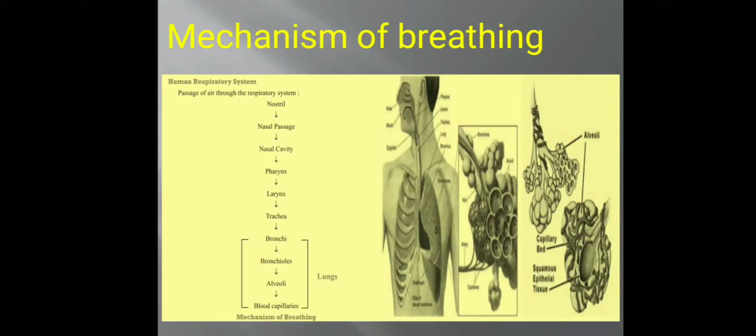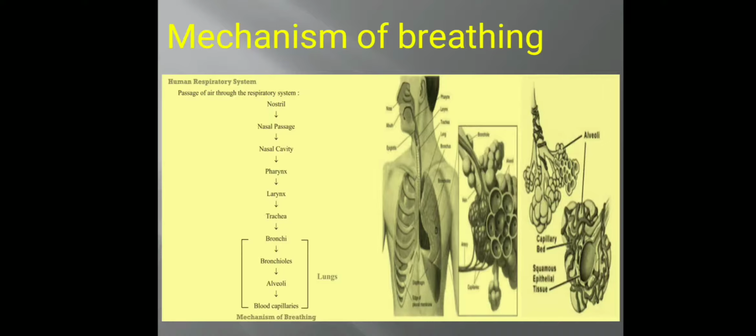Let's move ahead. Here you have to understand the mechanism of breathing. The mechanism of breathing actually begins when there is intake of air through your nostrils. Nostrils are small holes which also have hair-like growth in the nose. The nostril leads to the nasal passage, the air comes to the nasal cavity, and then it comes to the pharynx.